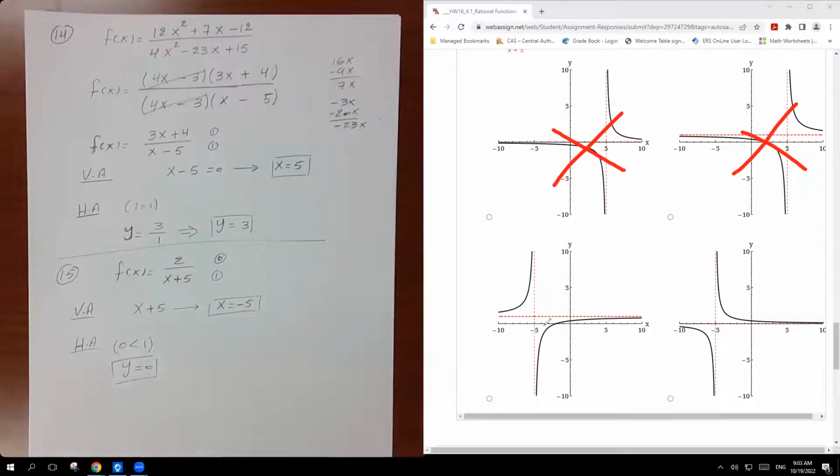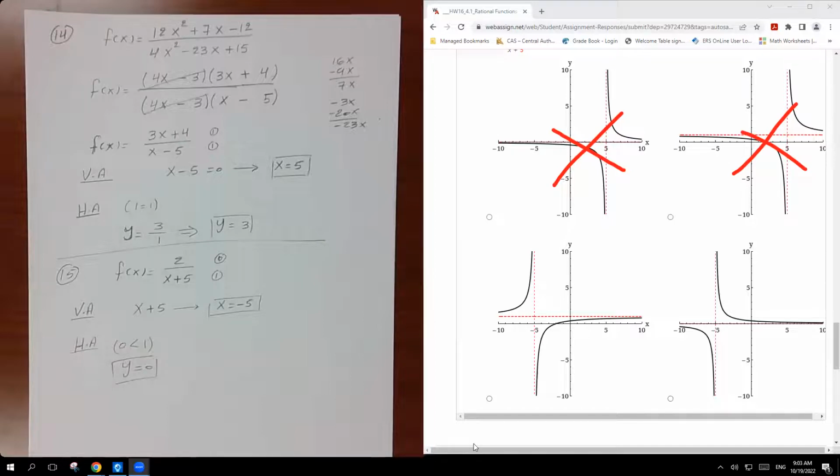All these are positive 5. Look, do we have something wrong here? Oh, it's x plus 5, so x minus 5. Oh, here, this is negative 5 and this is negative 5. So this is the first one that could be right, and here is the second one because it's negative 5.